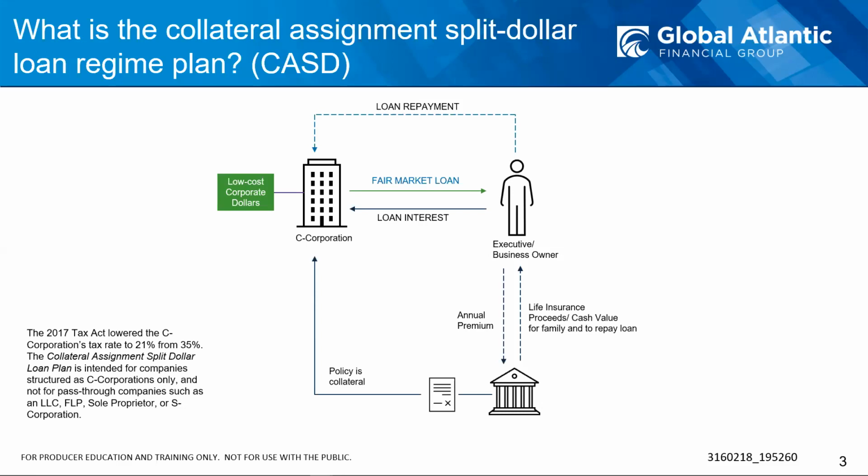Your successful business owners are going to be at rates of 35% or higher if they have state income taxes. The other reason loan regime split dollar is so important now is that interest rates are at historically low levels. You're able to make these loans at roughly 1%. So an executive can have use of funds at a 1% interest rate.